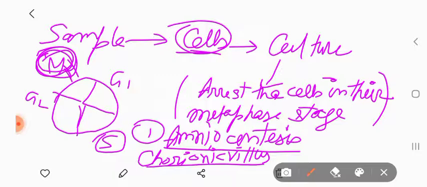Chorionic villus, or plural chorionic villi, are tiny, finger-like projections found in the placental tissue. These chorionic villi contain the same genetic material as the fetus.